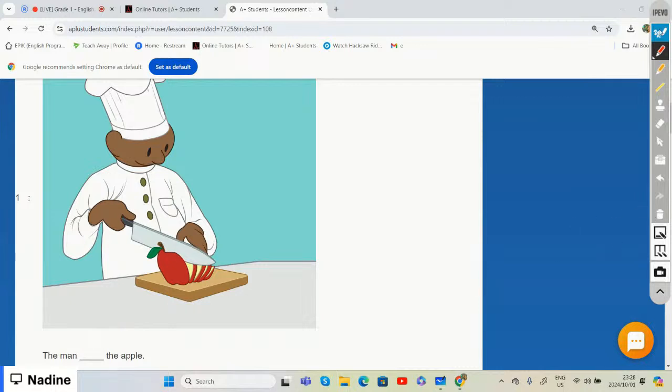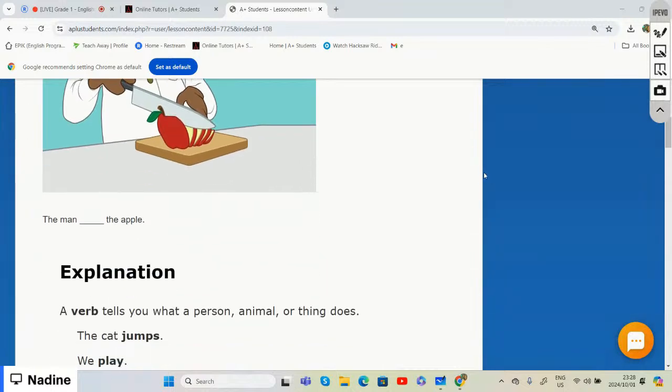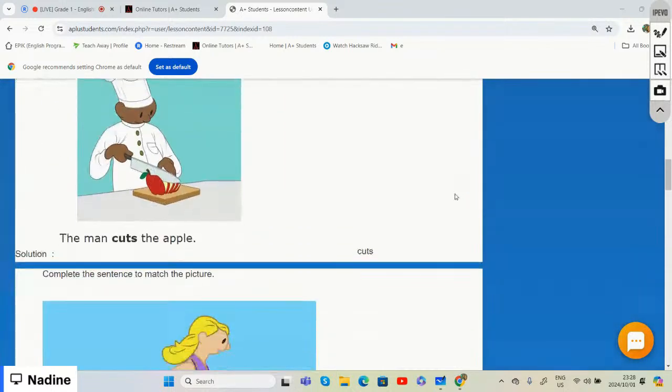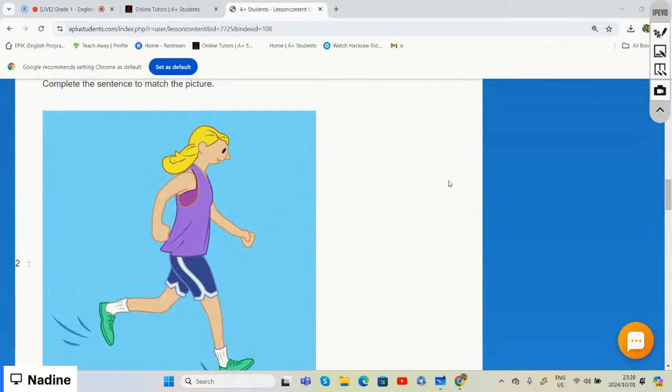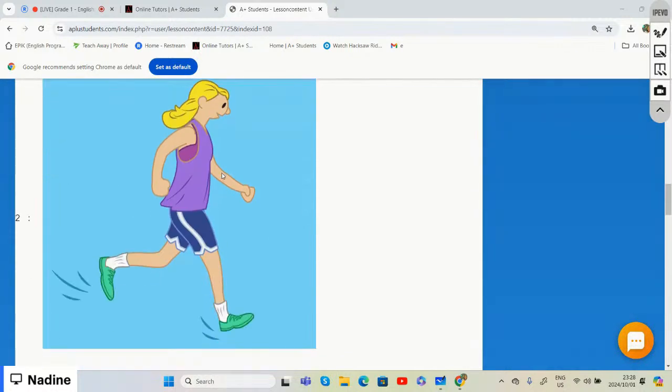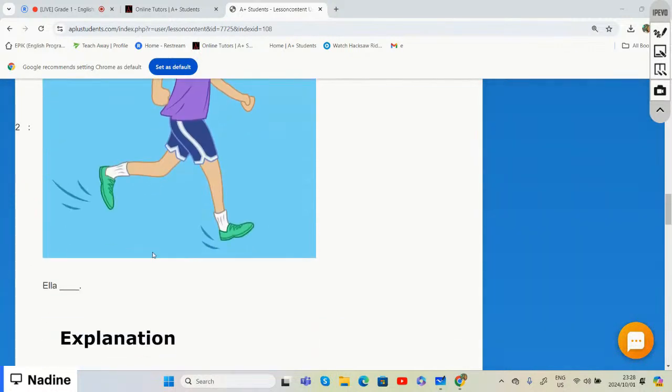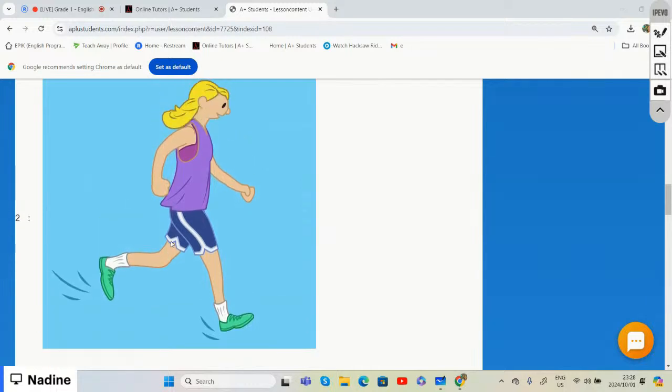All right. If you go to the next one, we are going to match the sentence with the picture. It says, complete the sentence to match the picture. Ella, what is Ella doing? Look at what Ella is doing. What is she doing?